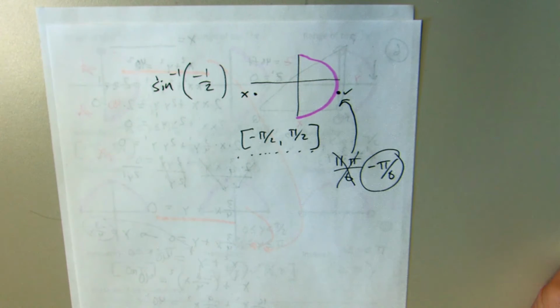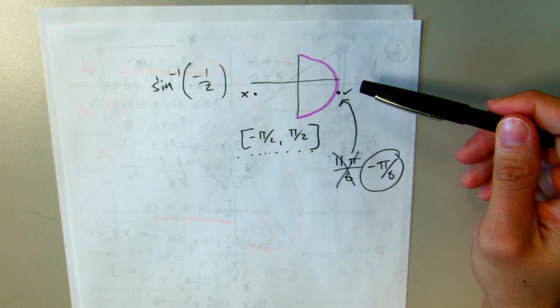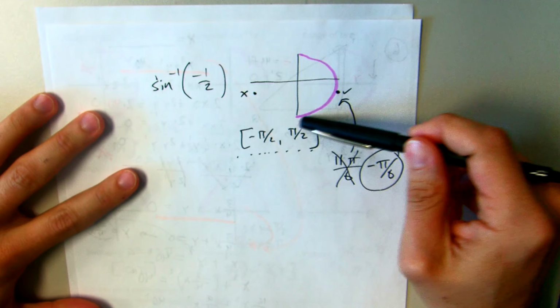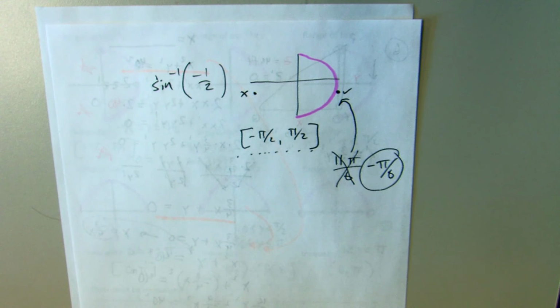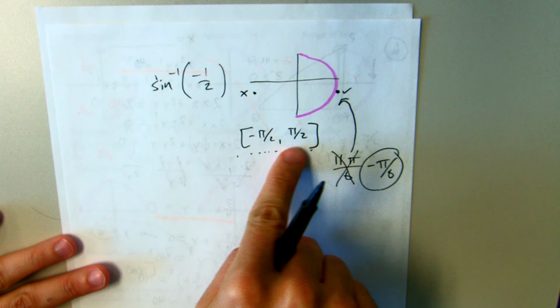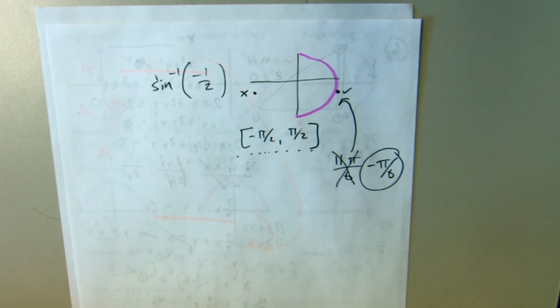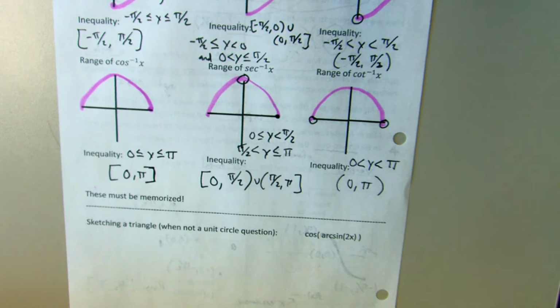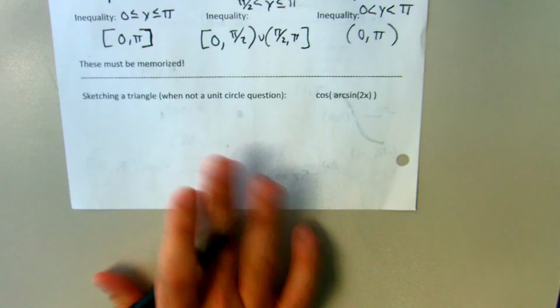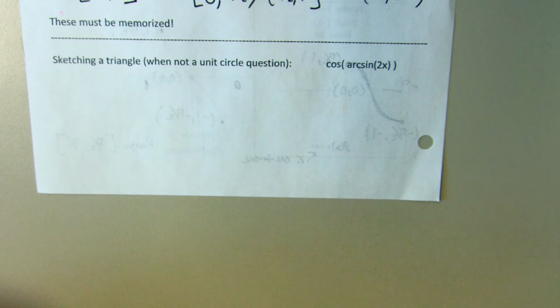So you need to appreciate 1, that you're going to need to know the unit circle. And 2, you're going to have to memorize these ranges so that you know which one to pick from. And 3, you got to be very careful that your answer is actually between those values and not just at the right spot. Okay. So to finish off the notes, about half of the questions roughly are referring to the unit circle. About half the questions ask you to sketch a triangle.